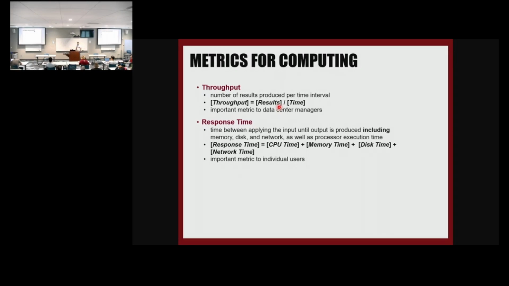Response time is the time that it takes between when we apply the input until we actually get the output. Maybe we can understand it better with an example.